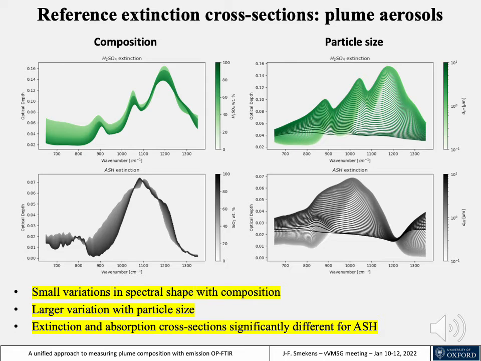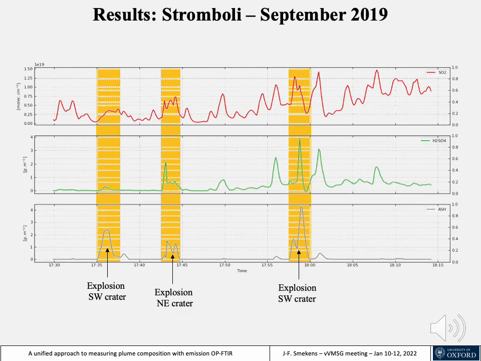As you can see, the variations are relatively minor in terms of the composition, but they're much larger in terms of the particle size. And so for this reason, in our retrievals, we fix the composition of each of those species and we retrieve the particle size. Note that beyond 10 microns, those spectra look very flat indeed, and therefore retrieving the accurate size of large particles is a challenge.